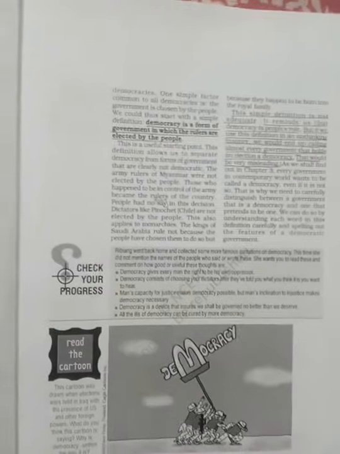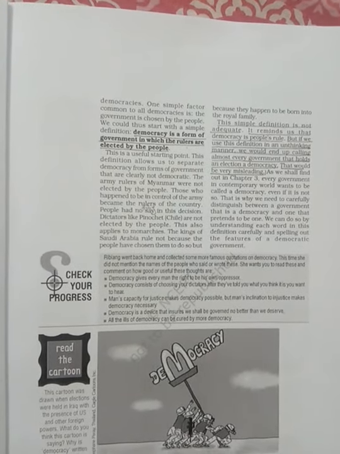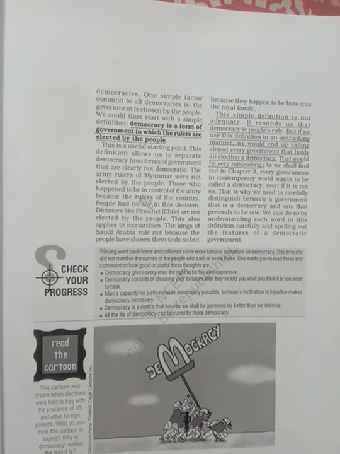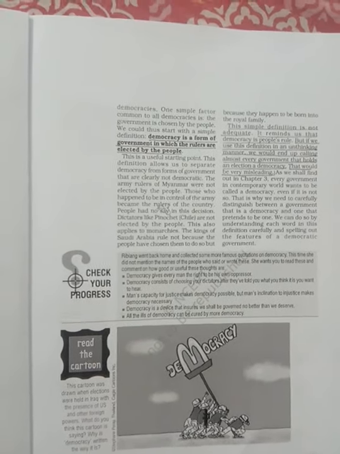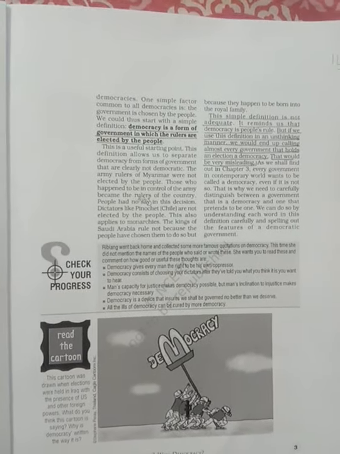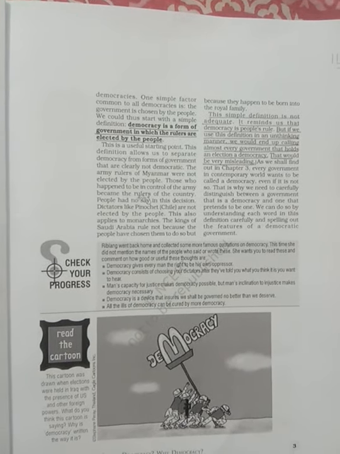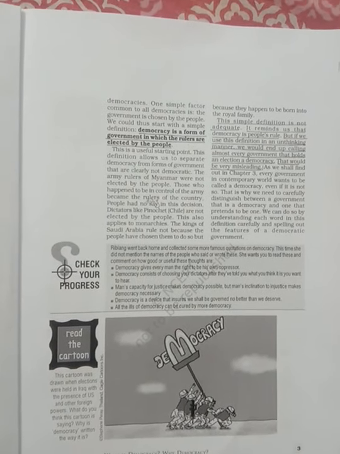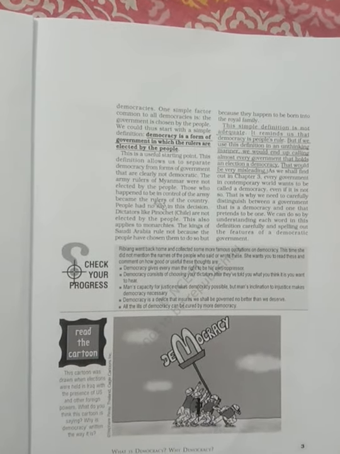So, in order to understand this definition, we have to go through it carefully, word by word, and spell out the features of a democratic government. The next topic is the features of democracy.